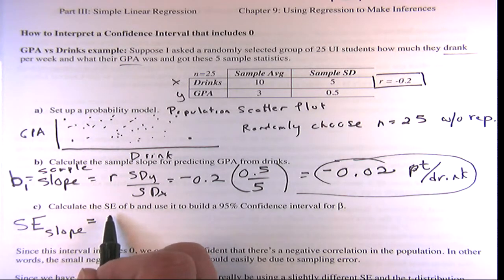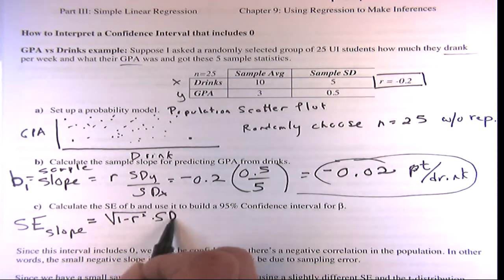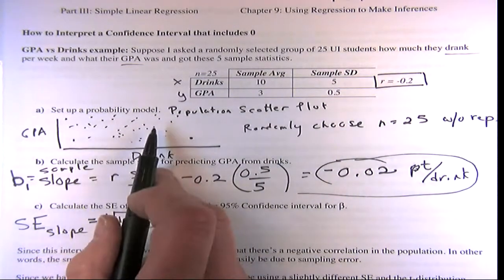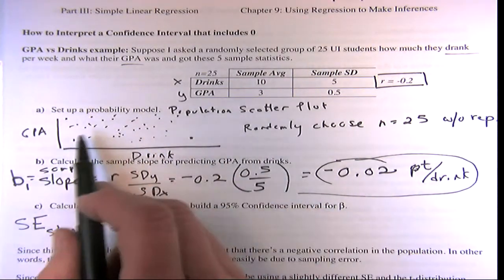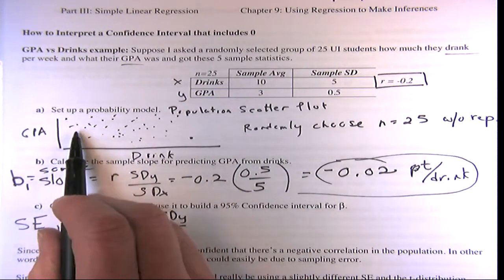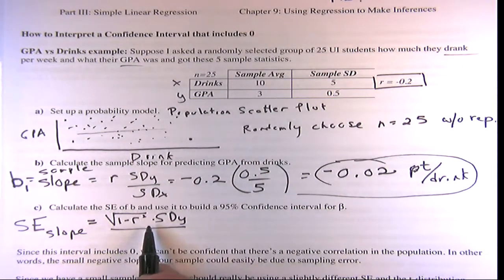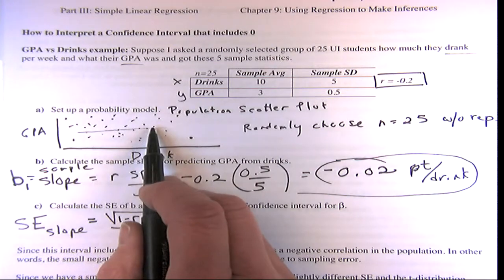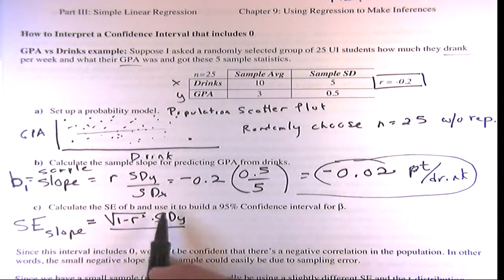Well, the numerator, the square root of 1 minus r squared times the standard deviation of y, is the spread around the regression line here, the population regression line. Think of it as the more spread out these points are around the regression line, the more jitter there is, the bigger the sampling error. If all the points were on a line, there'd be no error, and we wouldn't get any sampling error, okay?